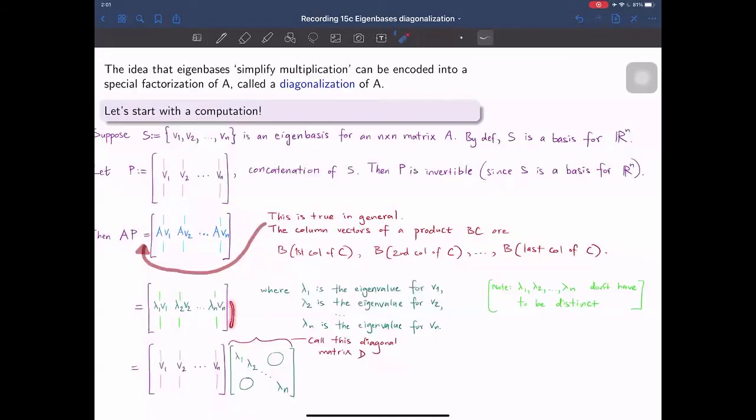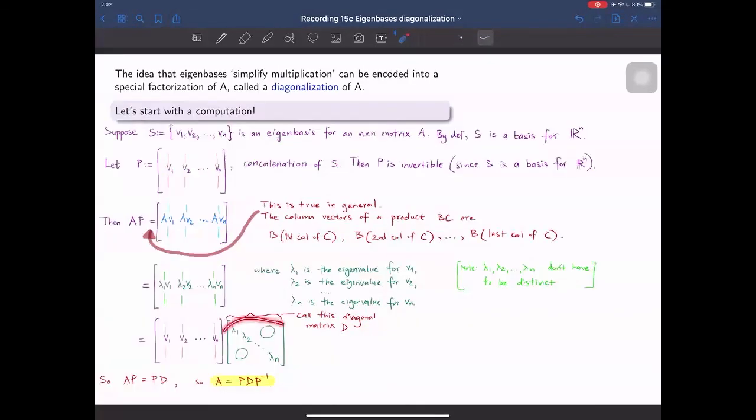When a matrix is of this form, you can factorize this matrix in this way. I can put the numbers lambda 1 through lambda n as the diagonal entries of a diagonal matrix. And on the left, I get back the original matrix P. So this matrix here is equal to this matrix, the concatenation of S times the diagonal matrix, where the diagonal entries are the eigenvalues.